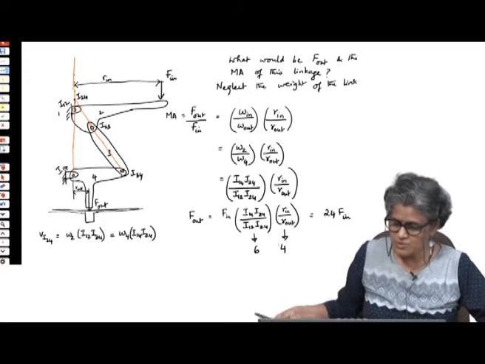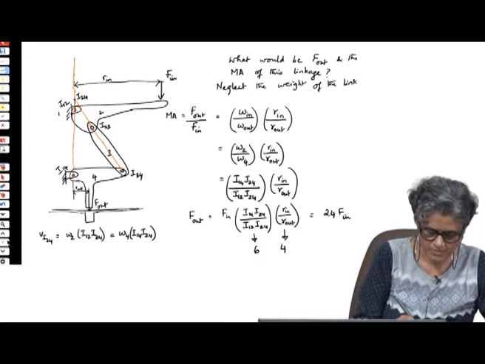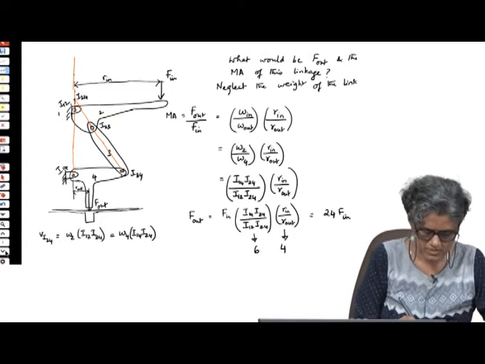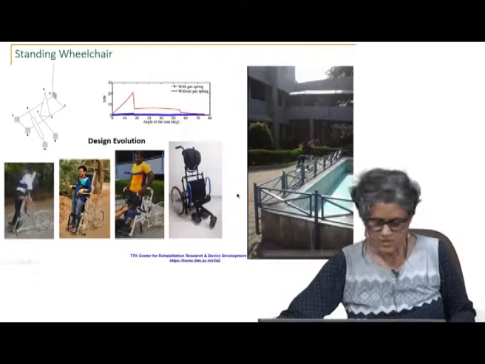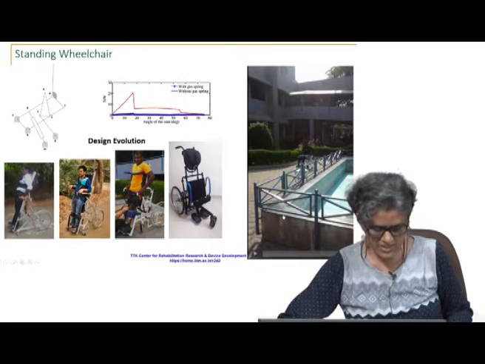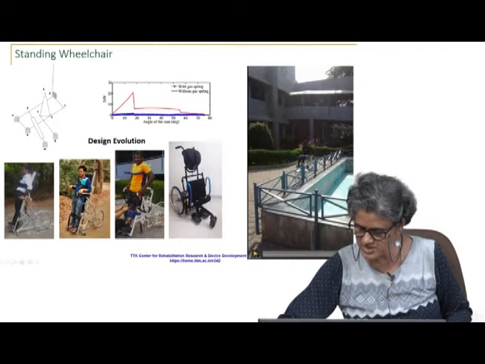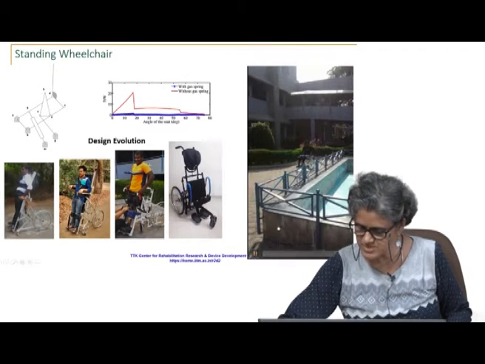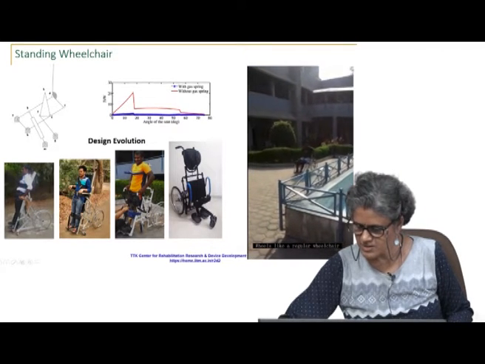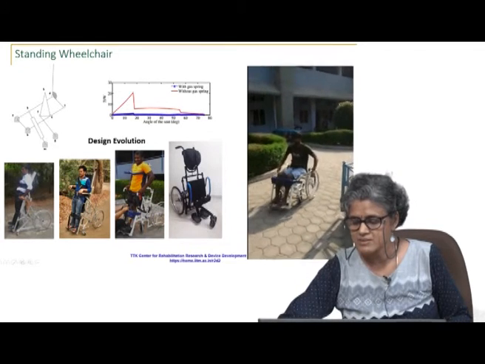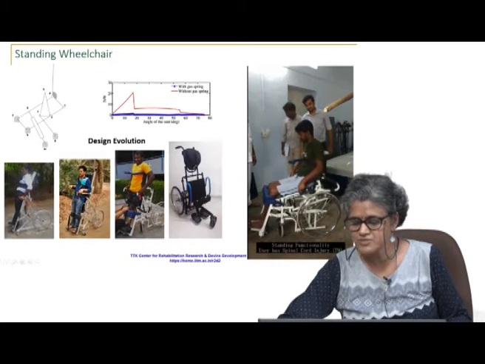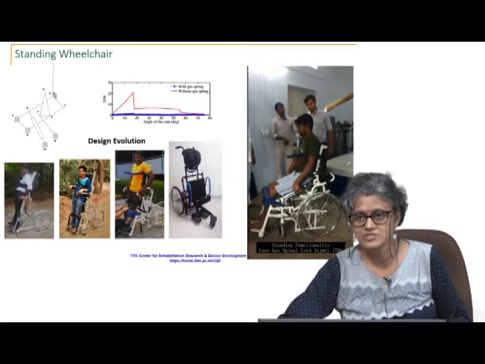Okay. So I will show you a real life example. This is a mechanism for a wheelchair that operates like a regular wheelchair, but it can allow the user to come up to the standing position.